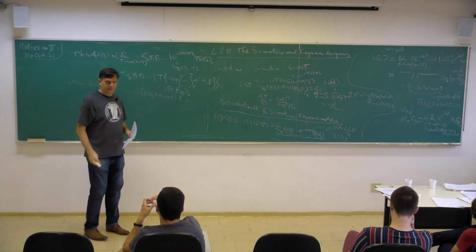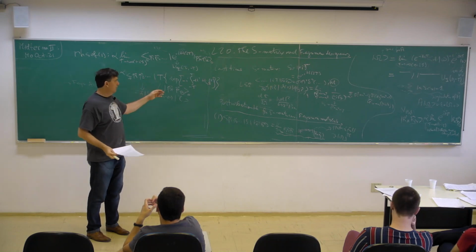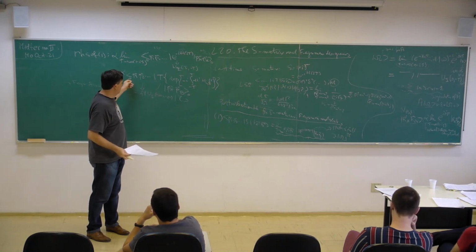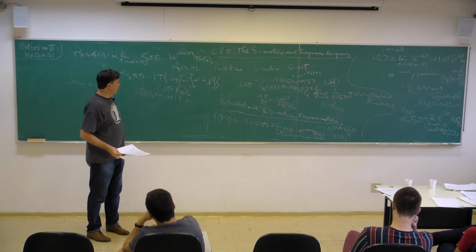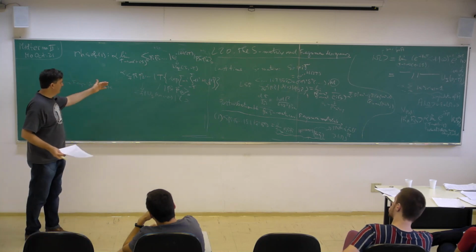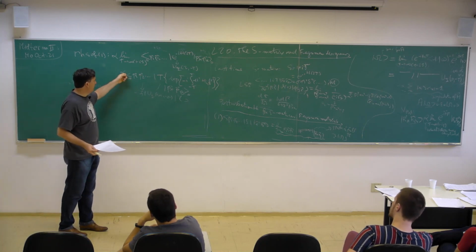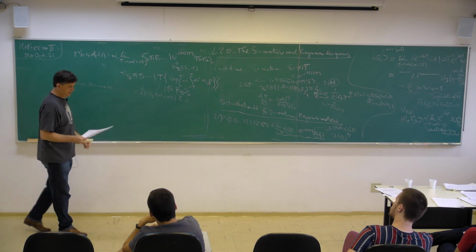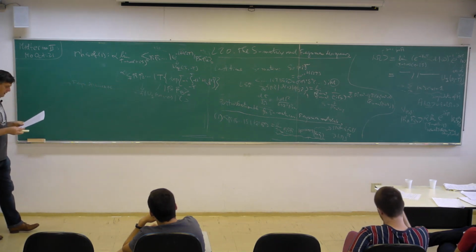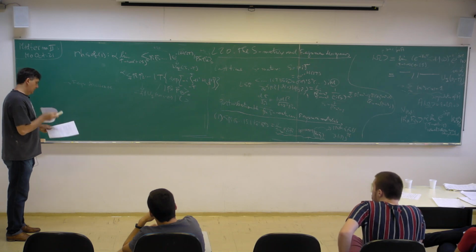And if you remember there, what the result was that we had a ratio of two objects of this type, so any constant imprint that appeared in one would cancel against the other.